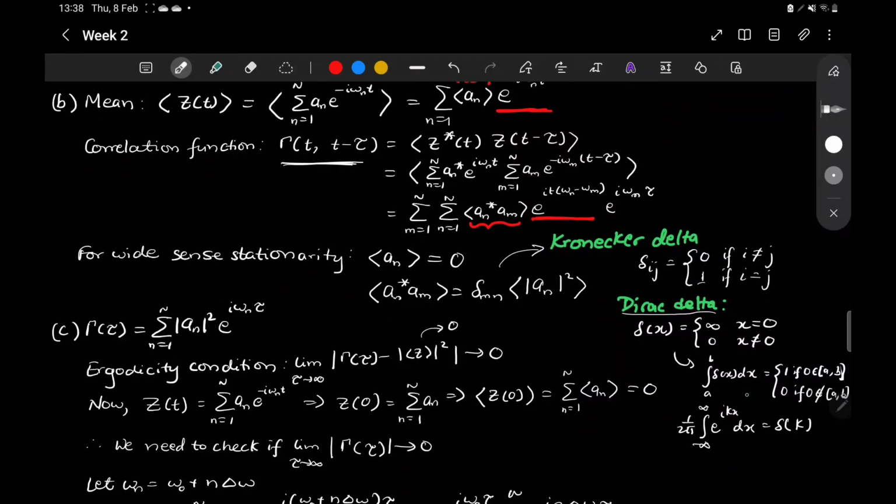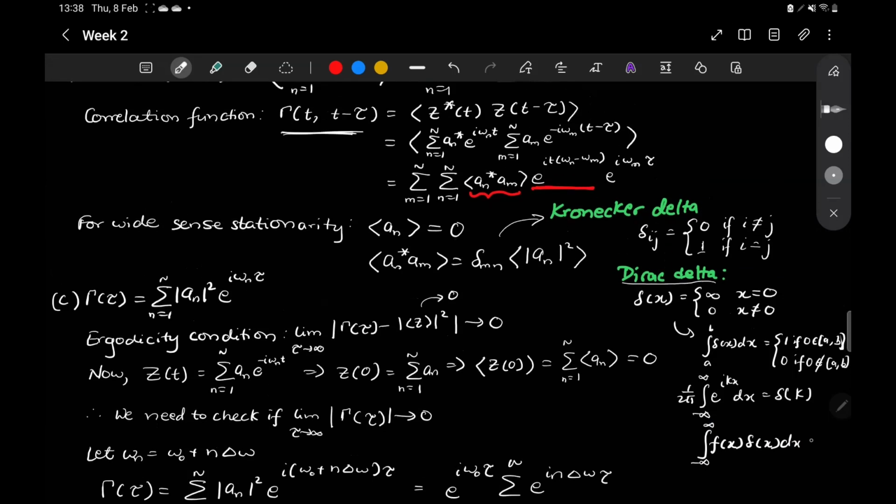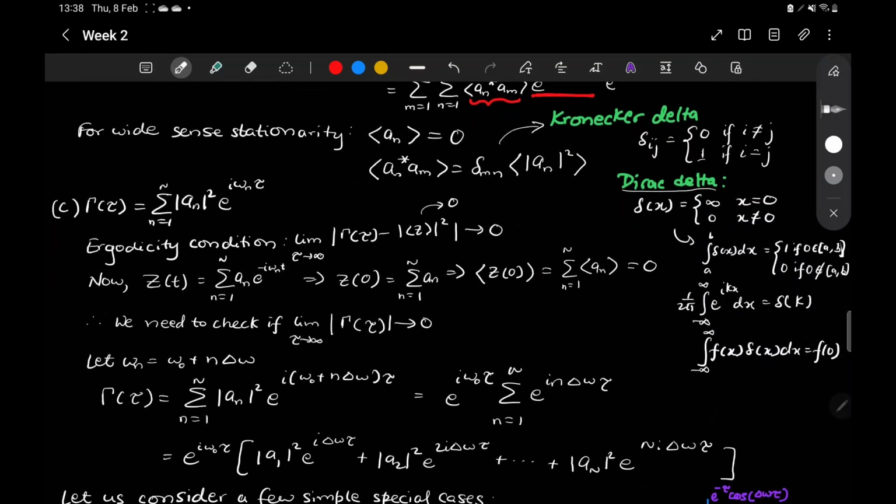This integral gives the value 1 only when x equal to 0 is present in the limit. And also when you have a function integrated over the entire limit, this will pick out the value of f at x equals 0.